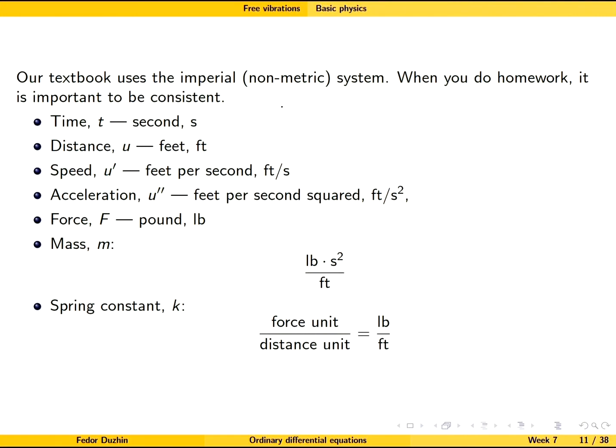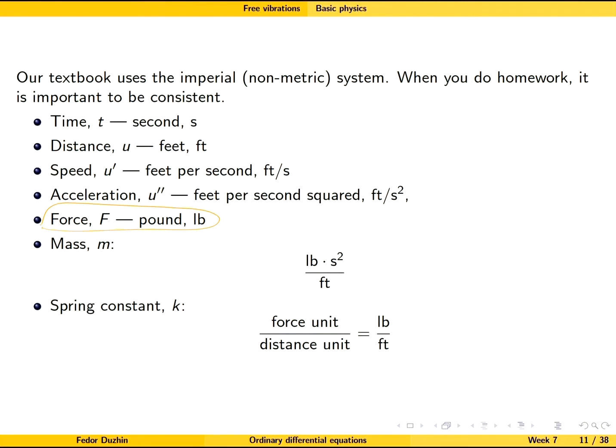But the important thing, and it is counterintuitive, and I didn't know about it until I had to teach this course for the first time, is that I noticed some answers in the textbook looked weird to me, and then I dug into it and realized that, as a matter of fact, pounds are not units of mass, but units of force in the imperial system.